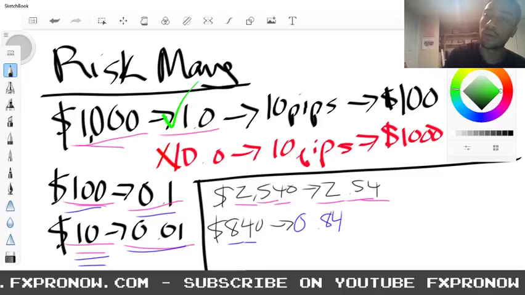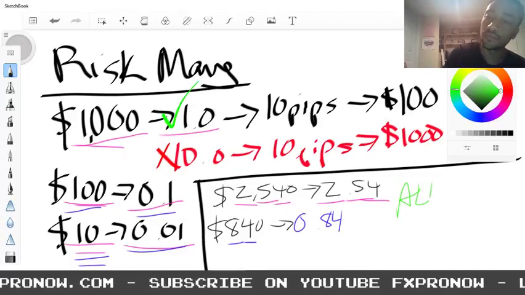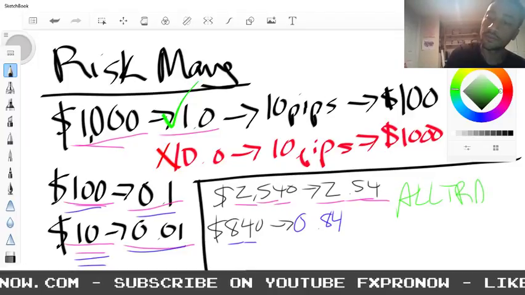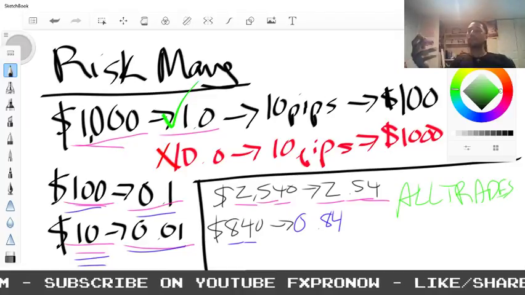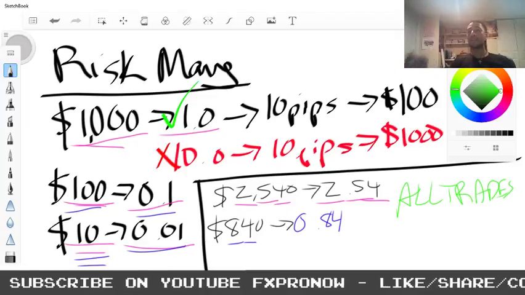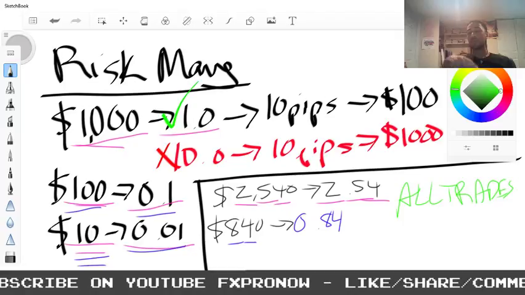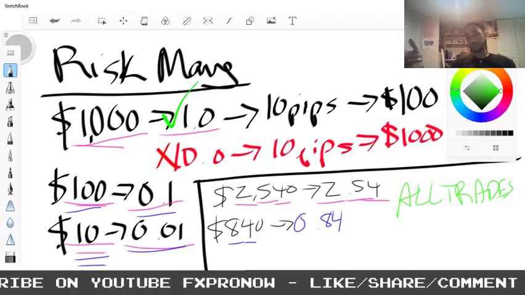Now, this is very, very important. This is for all trades. Okay. Now, think about it. We got into two trades just now. We got into the USD JPY one, and we also got into the USD CHF one. Okay.